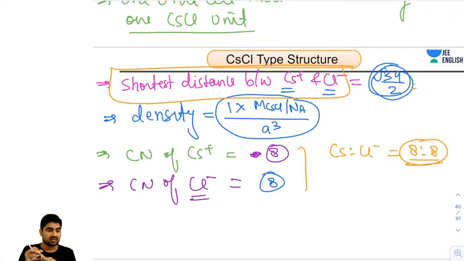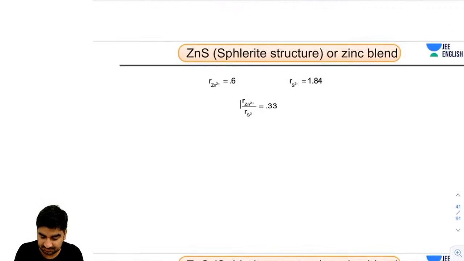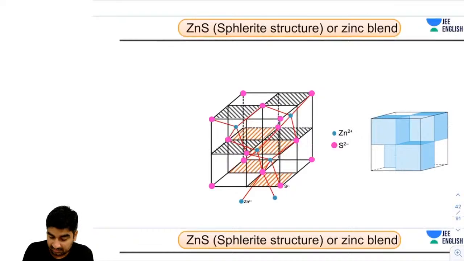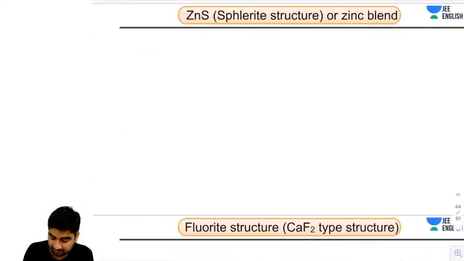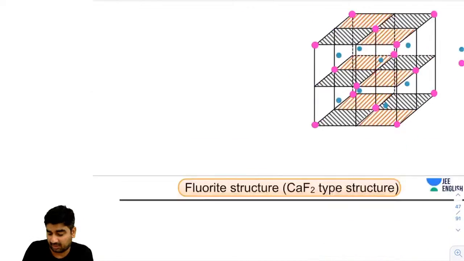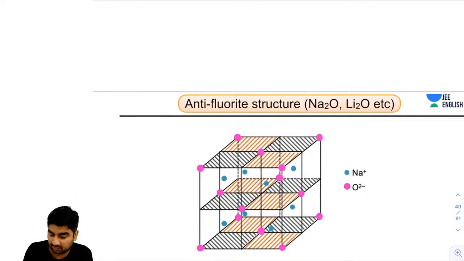So guys, let's finish today's class here only. In the next class, I will take zinc blende or sphalerite type structure. Then I'm going to take fluorite, CaF2 or AB2 type structure. After that I will take anti-fluorite, A2B type.